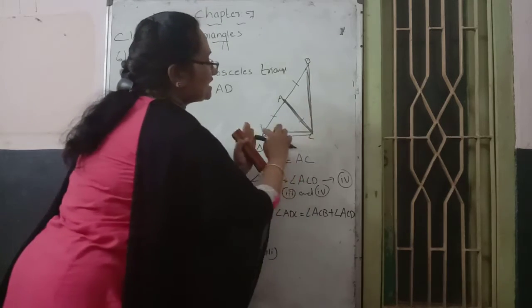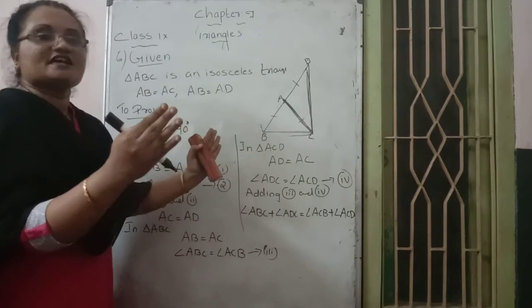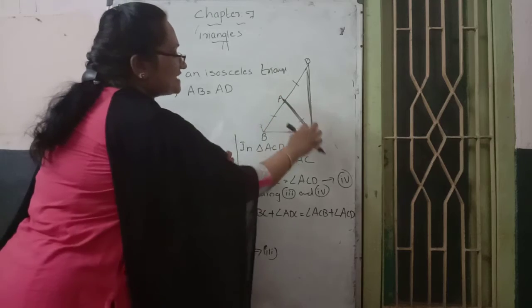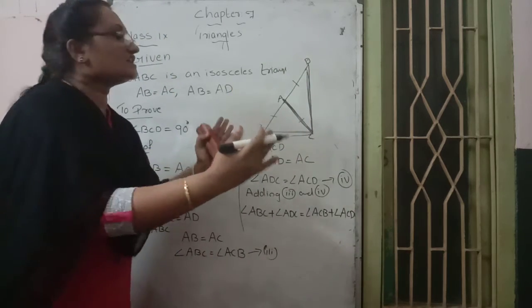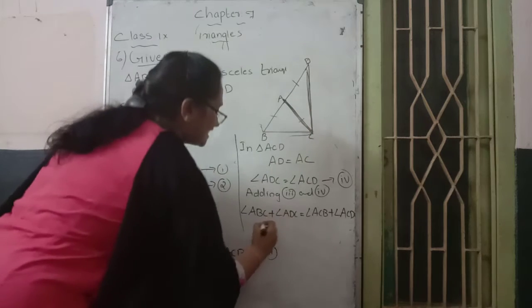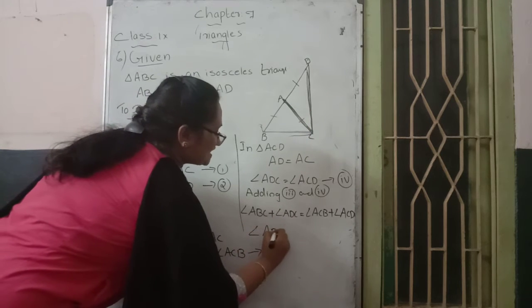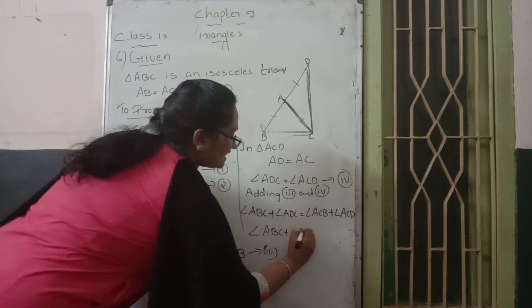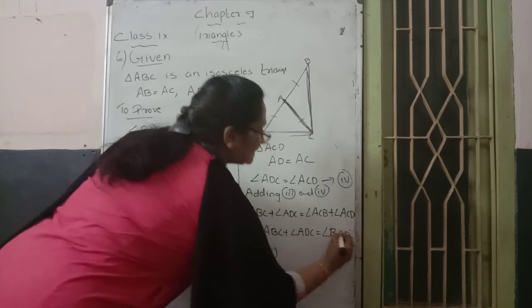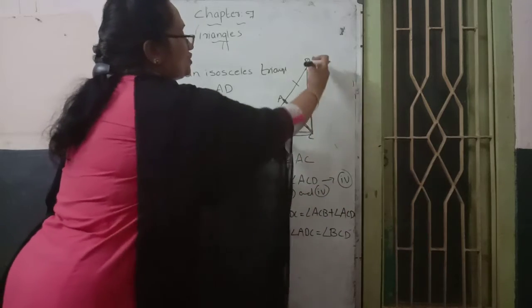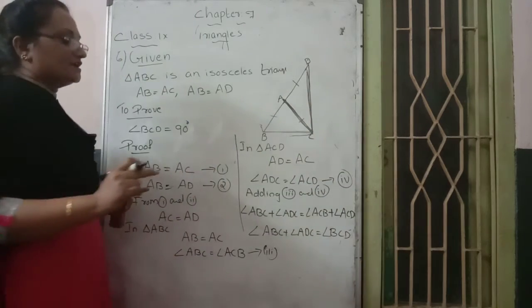The two small angles ACB and ACD joined together give angle BCD. So the right side can be written as angle BCD, a bigger angle. The left side has not changed yet.